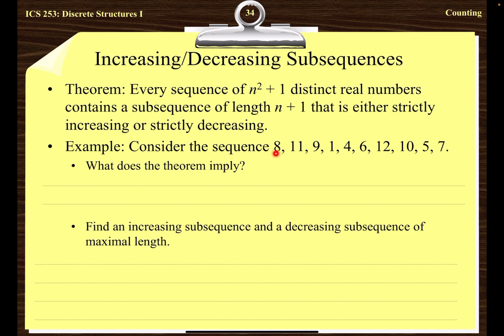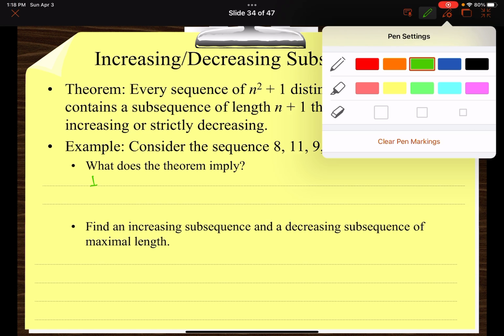So for example, can we apply the theorem on this sequence? How many distinct real numbers do we have here? 10, right? Which is 3 squared plus 1, right? So what does the theorem imply? 3 plus 1.